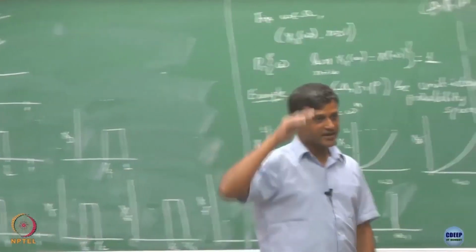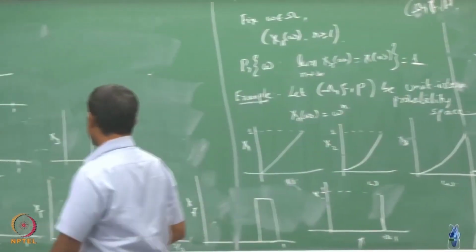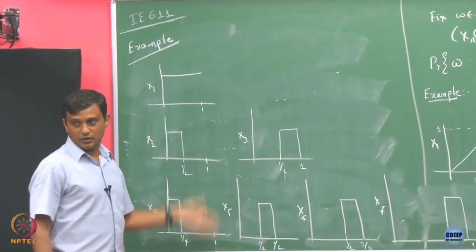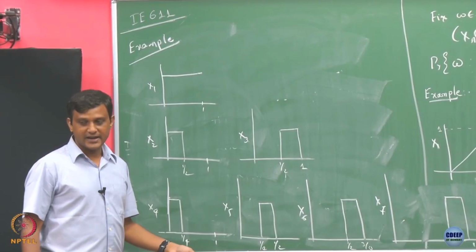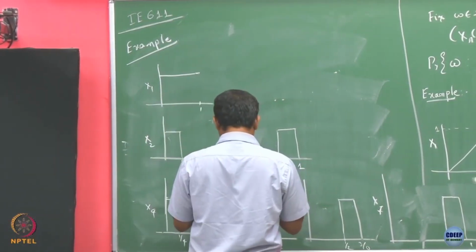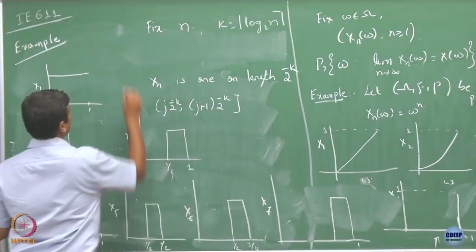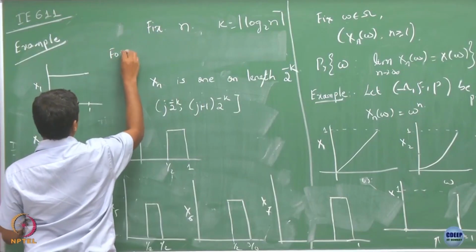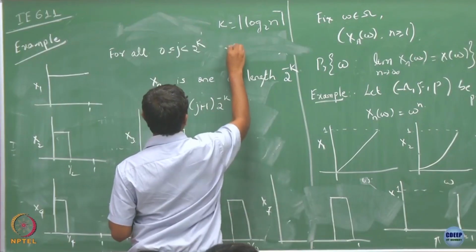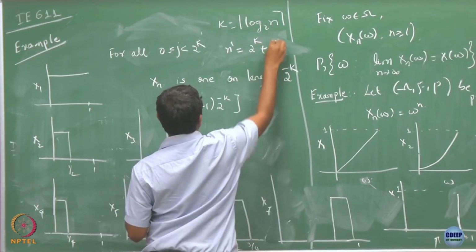Now I can keep on building the sequence like this, right? So you see that I have doubled up, it is going in a geometric sequence, and I can generalize this and write it as n prime equals 2^k plus j.